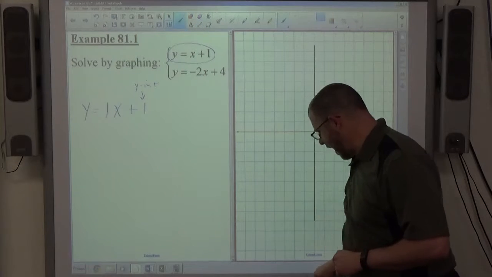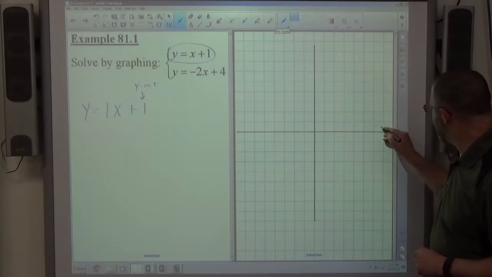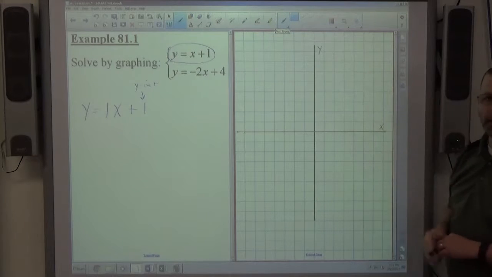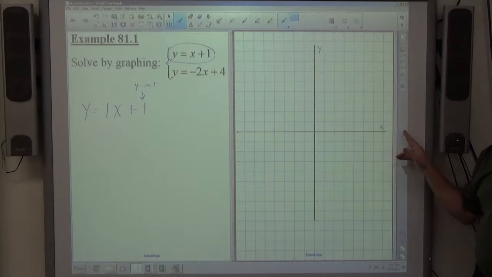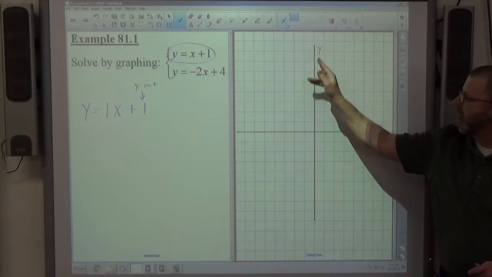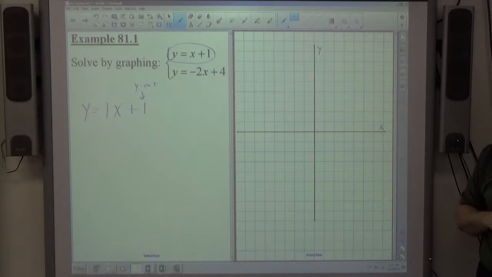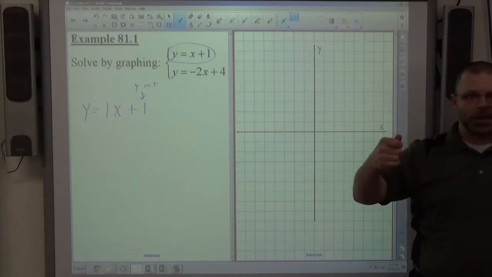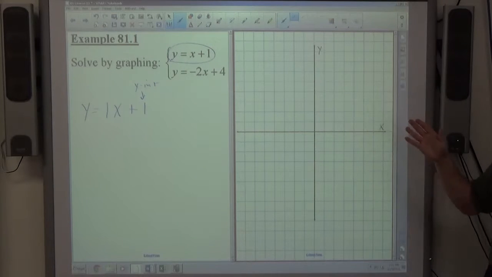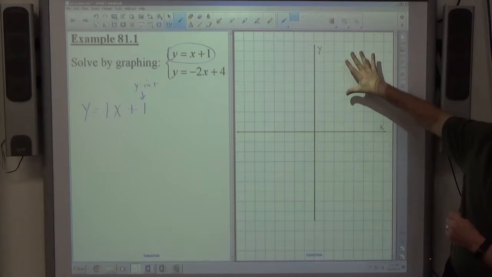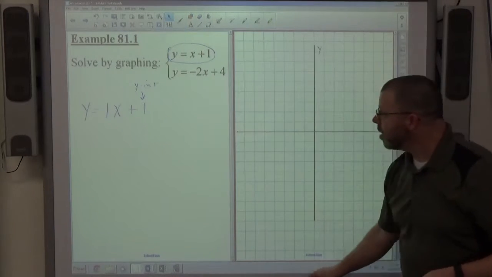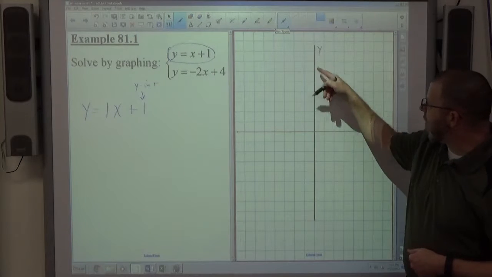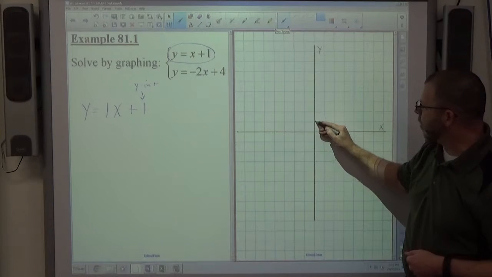I'm going to label those axes x and y. I want you to be in the habit of doing that every time. The positive x-axis, off to the right, put the x. Positive y-axis going up, put the y. That's where they belong. When I read your graph, I expect to see the x and y-axis labeled just like that, to know exactly where the top right-hand corner of your graph is. The y-intercept tells me on the y-axis I'm going to put a dot at positive 1.